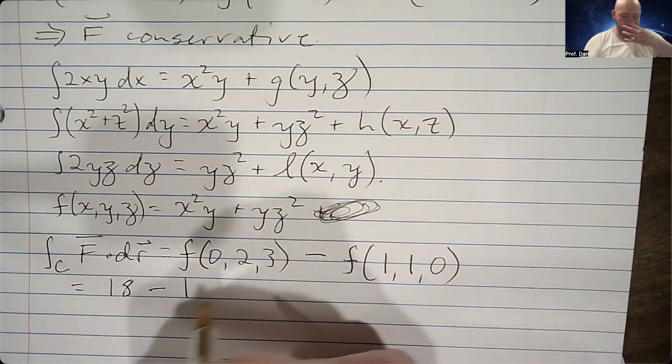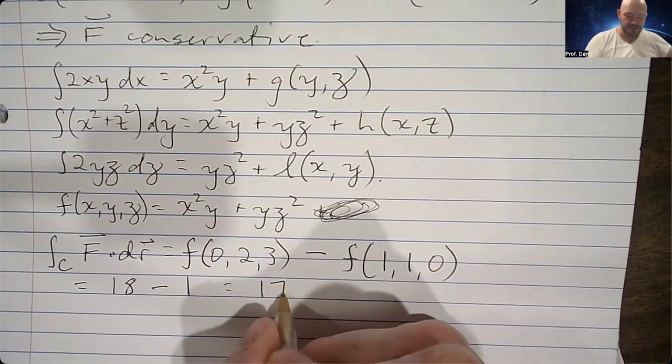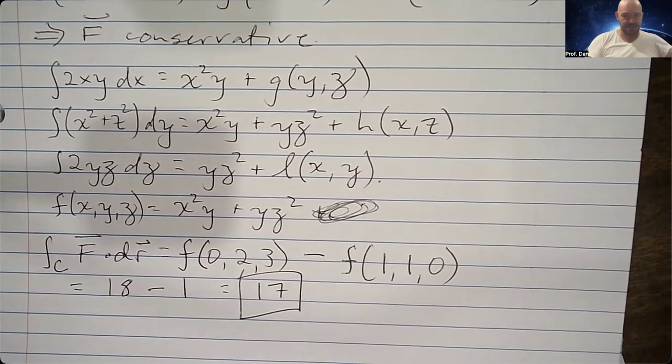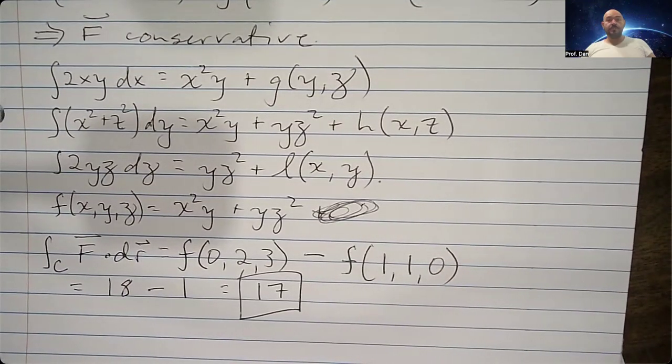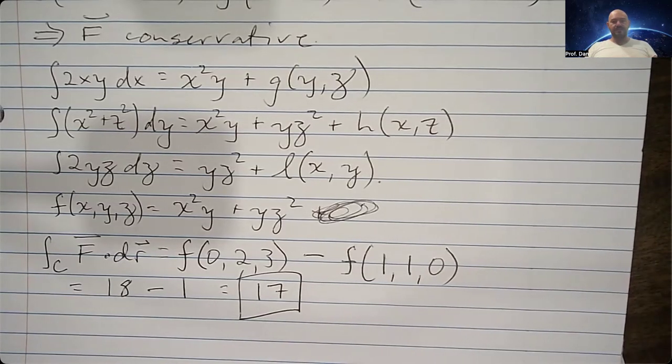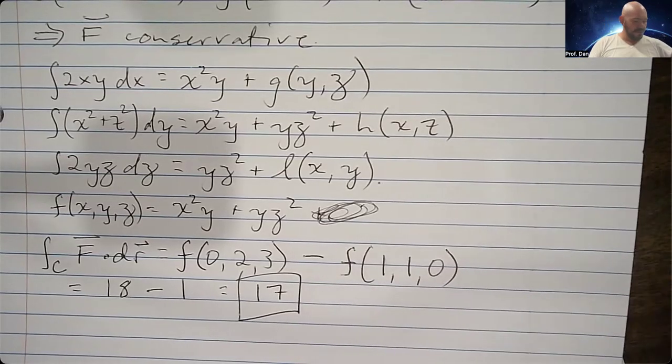If I subtract 18 minus 1, I get my answer, 17. So it doesn't matter what path I take to get from 1, 1, 0 to 0, 2, 3, if f is my force field, I can choose any path I want, and I'll end up getting 17 for my line integral. Yay, fundamental theorem.